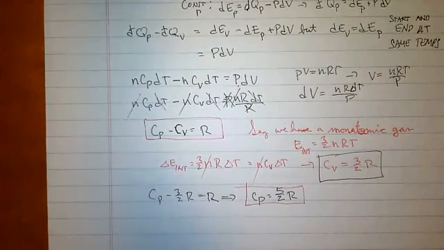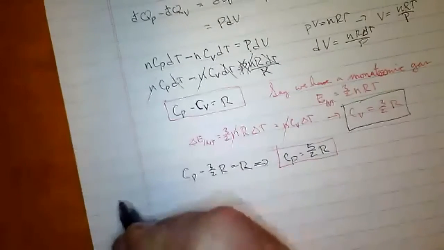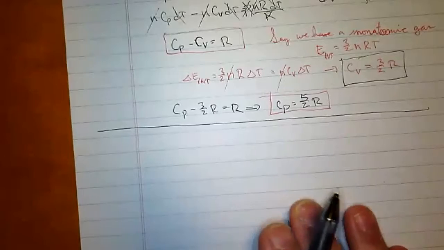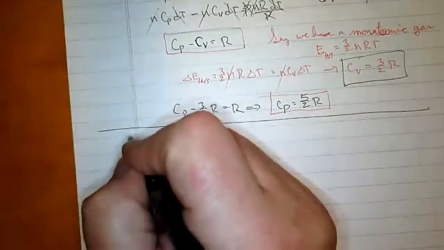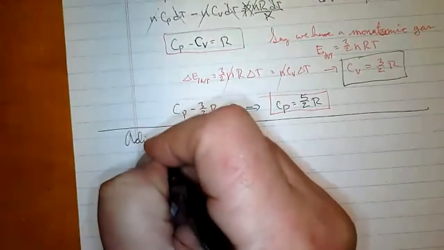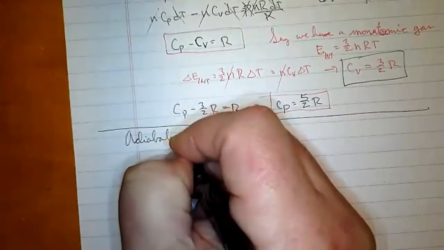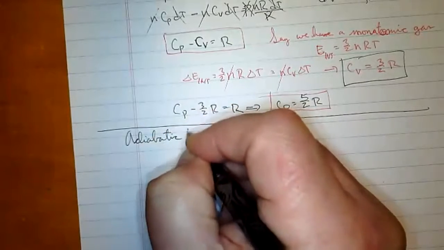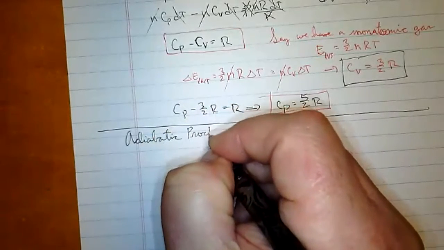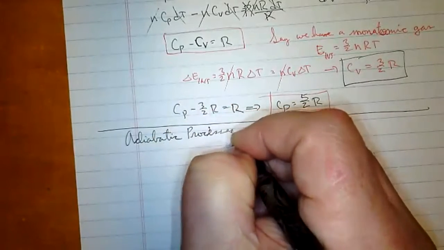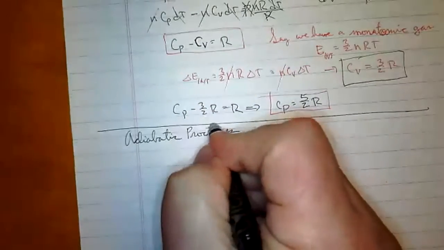But we also have something else we can do, because now we can consider the ramifications of having an adiabatic process. So let's look at adiabatic processes. I like using the differentials.